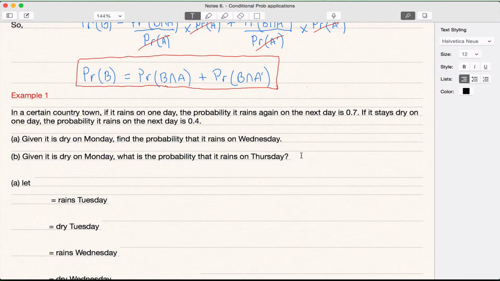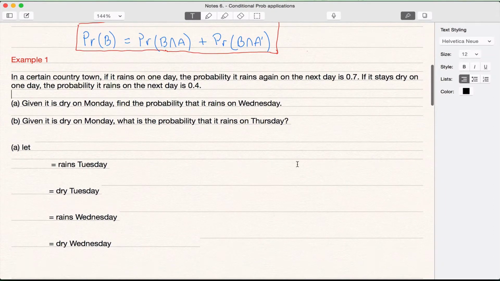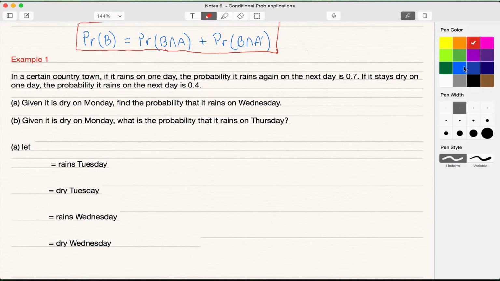So working with part A first, always with probability questions, the first thing we need to do is define our events. And we've got here either it rains or it doesn't rain. So I'm going to go for R, for it rains, and we've got rains Tuesday or rains on Wednesday. So I'm going to put a TU because later on we're going to be doing raining on Thursday, which will be TH. So this is just a subscript.